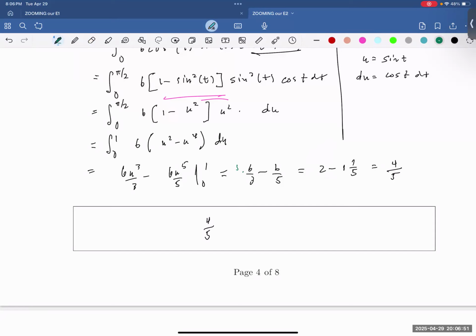You could find a common denominator, that's 15ths. 30 15ths minus 18 15ths, and that is 30 minus 18, it's 12. That's 12/15, which is 4/5. So 4/5. There you go.